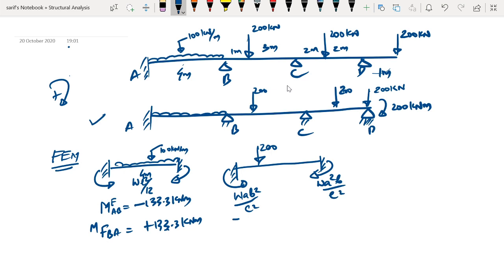If we substitute the values, we will get the magnitude as 37.5 here. So MCB is going to be minus 37.5 kilonewton meter, and this is MBC, and MCB will be, if we substitute the values, we will be getting, there is a slight mistake.